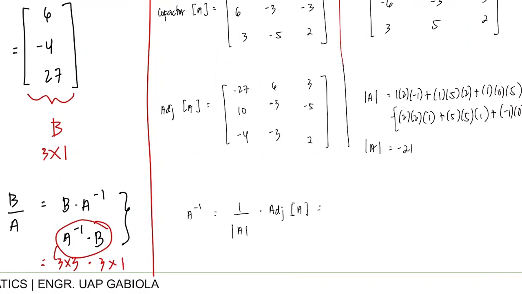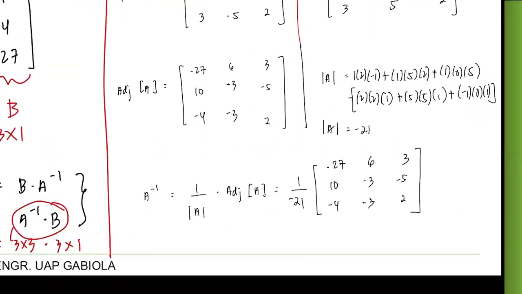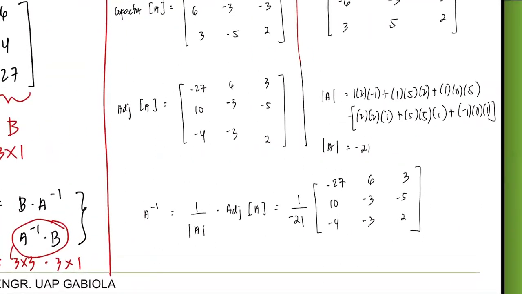Okay, so that will be 1 over, yan. So, again, doon natin sa ilalim ilagay. Multiplied by negative 27, 6, 3, 10, negative 3, negative 5, negative 4, negative 3, and 2. Okay, so simplify niyan is multiply lang natin yan.